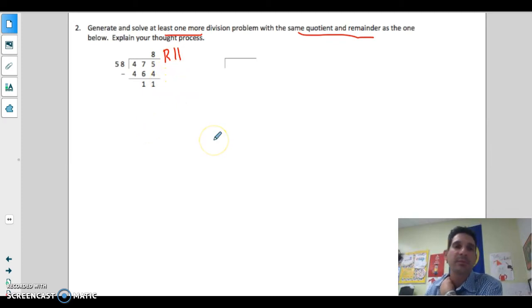Now, I'll even make a mistake or 2 or 3, maybe by accident or maybe on purpose. I don't know. So here we go. I've got to come up with a division problem. So let's say I did 36, and then 8 remainder 11. This is kind of similar to lesson 21.